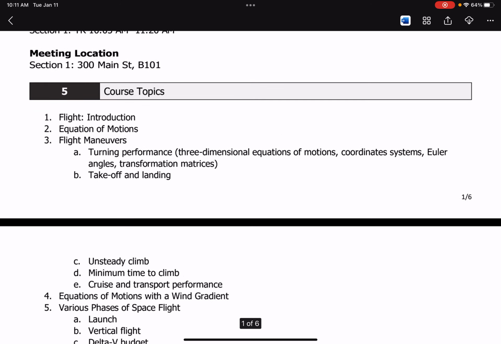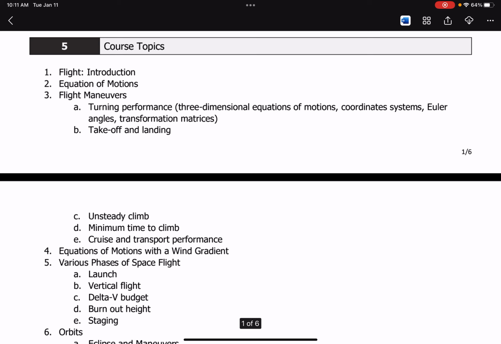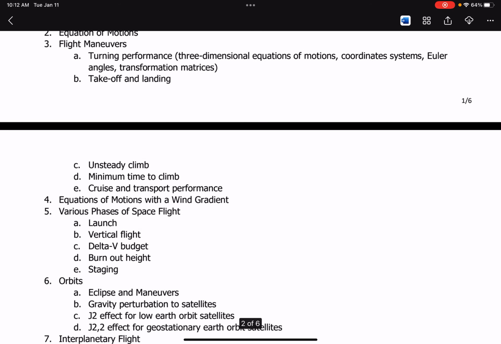And in this location, you have the course topics here. For the flight mechanics, we are mainly focused on equations of motion. We are going to play with the equations of motion to get the different types of flight, like landing, cruise, descent, all of those things.